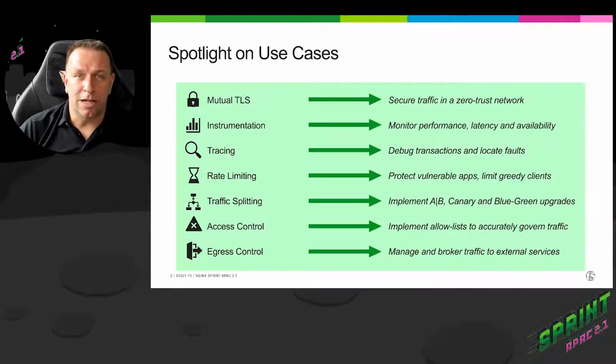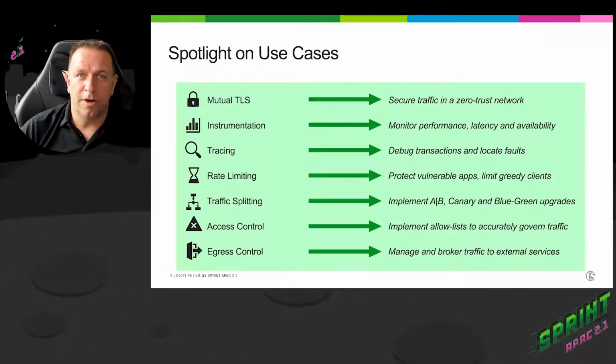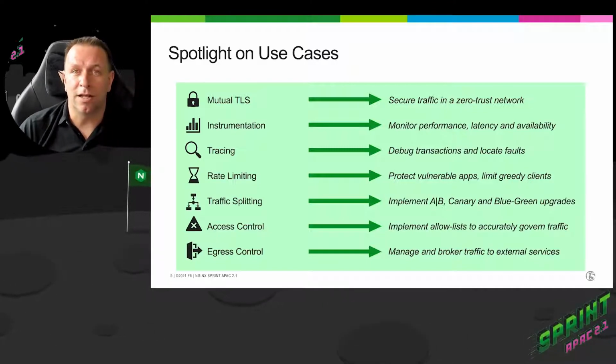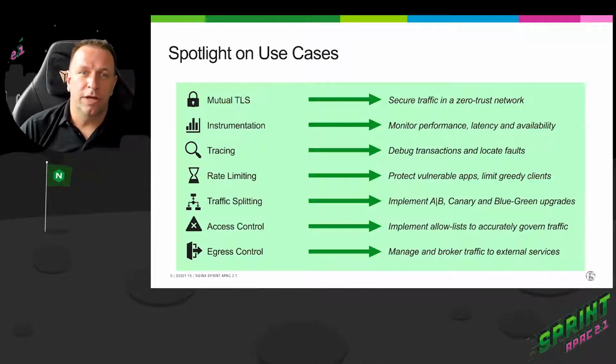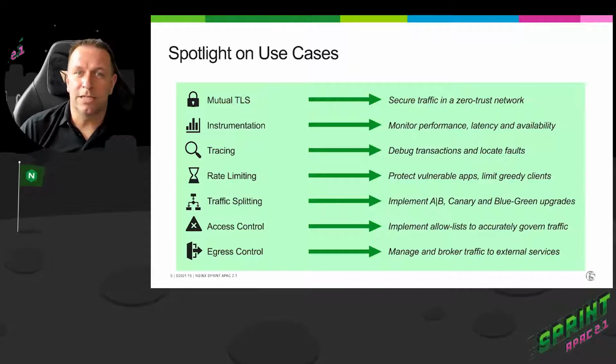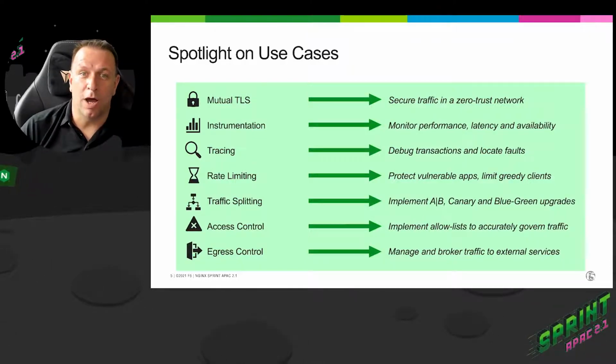You can introduce rate limiting as well, to protect your vulnerable applications from greedy clients. It also allows you to introduce traffic splitting. So if you're wanting to do A/B deployments, canary testing, blue-green deployments, or upgrades to your applications, you can do this using the NGINX Service Mesh.